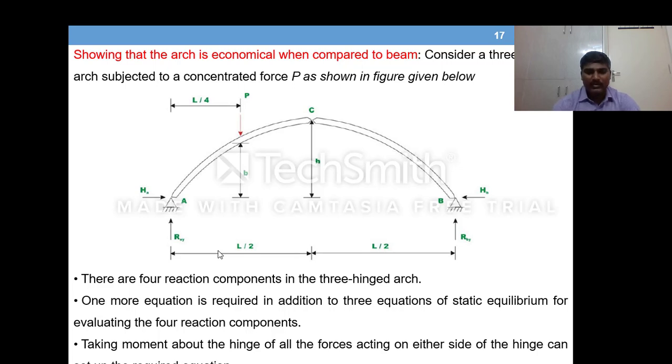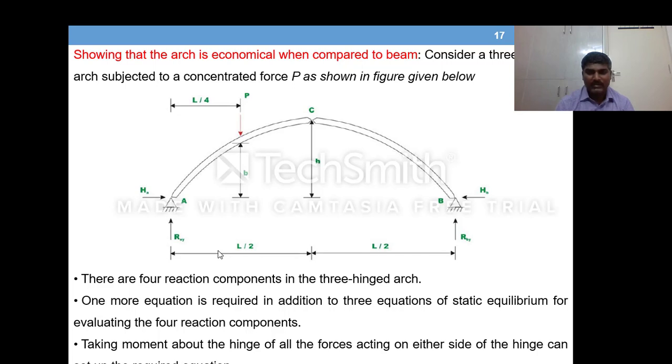Now we'll do it not qualitatively, but quantitatively: what exactly is the difference in bending moment developed in the arch when compared to the beam. Okay, so let's consider a three-hinged arch subjected to a concentrated force which is applied at L by 4.